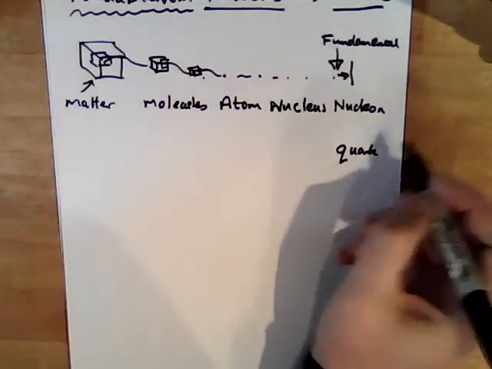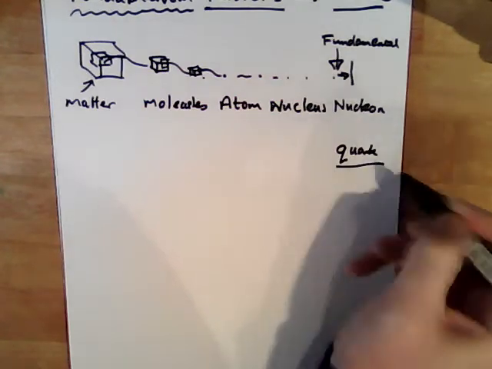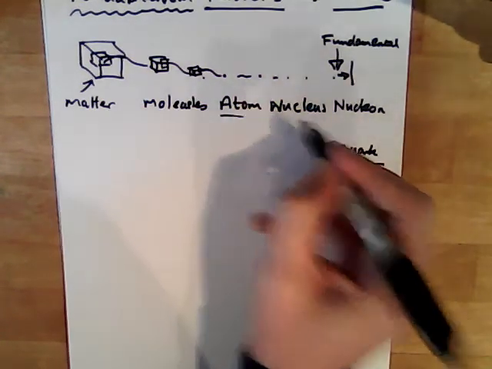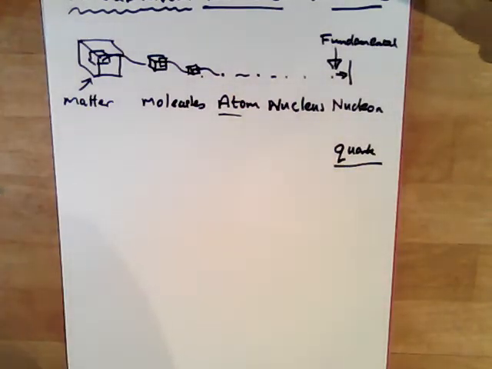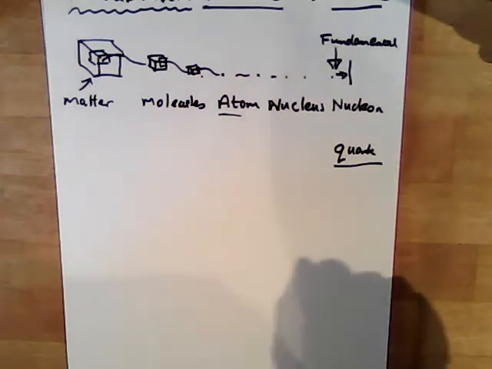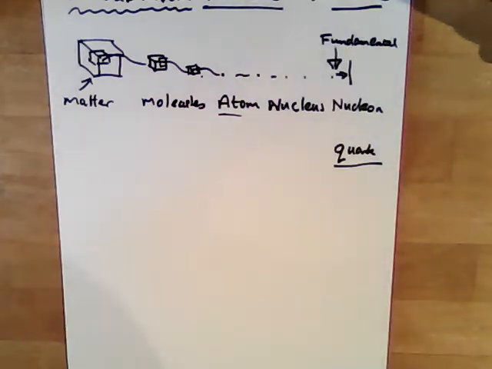And it turns out this is our new limit of fundamental. So at GCSE, we were up here. At A level, we are going to deal with quarks as fundamental objects. And indeed, experimentally and theoretically, this is a very common limit to our understanding. We rarely consider objects smaller than that.